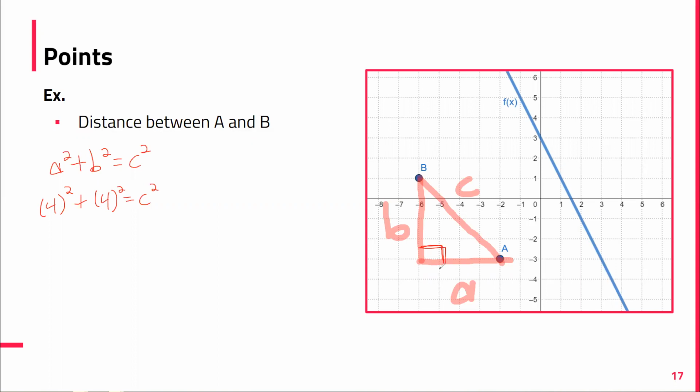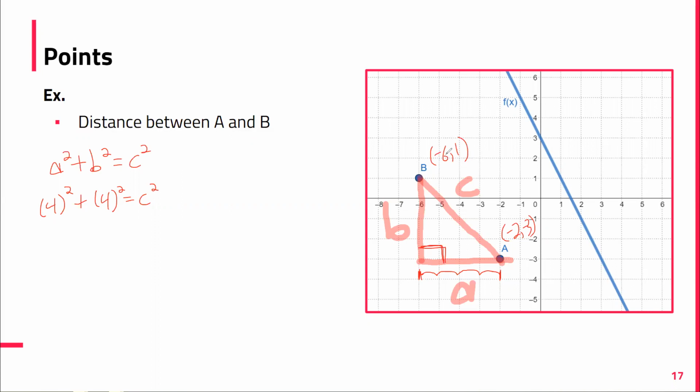Okay, so how do we get those lengths? Well, we're just counting the points here, how many steps on our grid: 1, 2, 3, 4. Or we could think of the coordinates of these points. We have -2, -3, and the other one we have -6, 1. So what's the horizontal distance between those two?